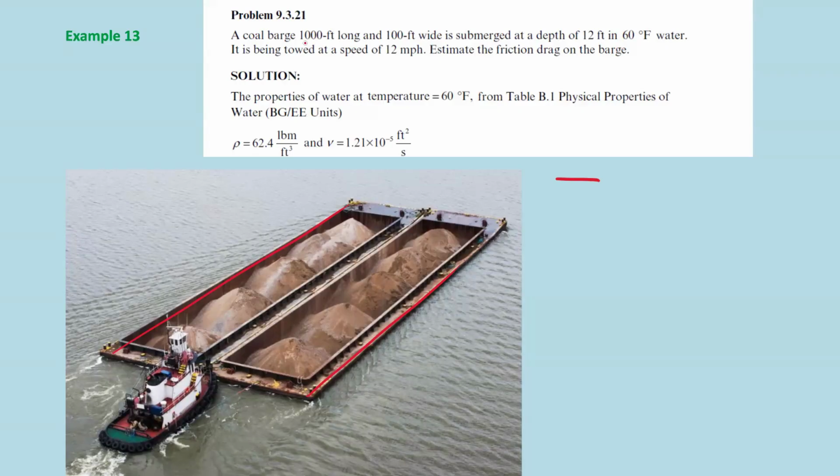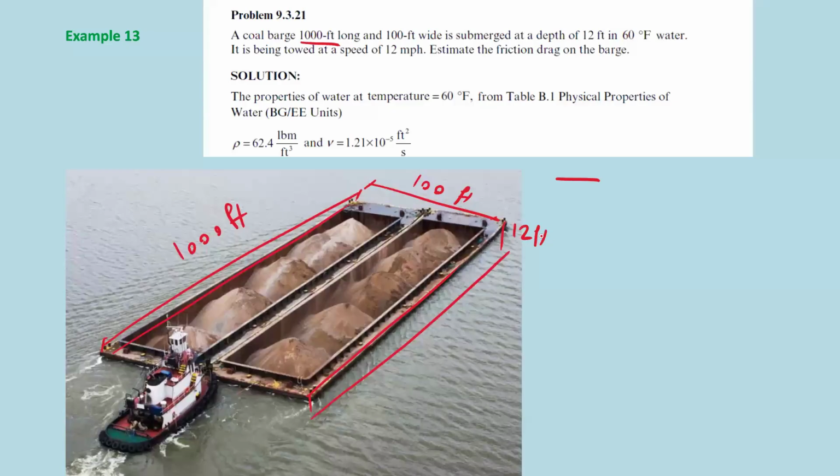And it says that it has 1,000 feet length, 100 feet wide, and it is submerged around 20 feet in the water. And the velocity is 12 meters per hour.